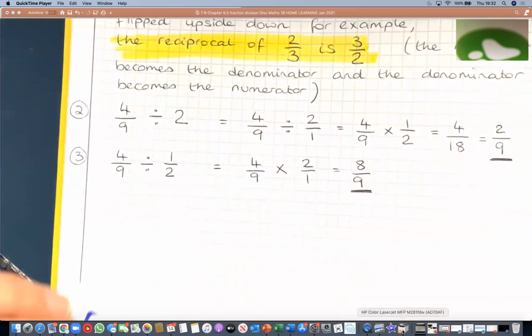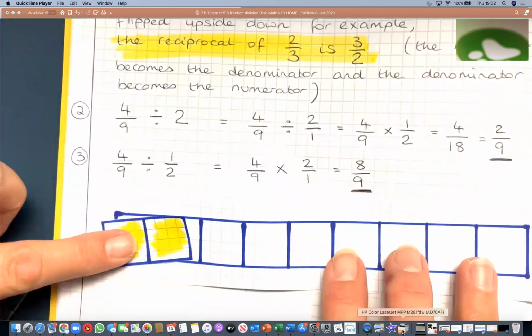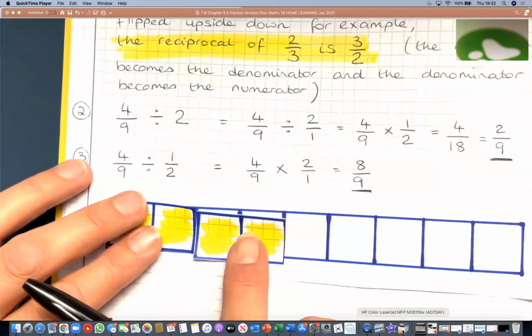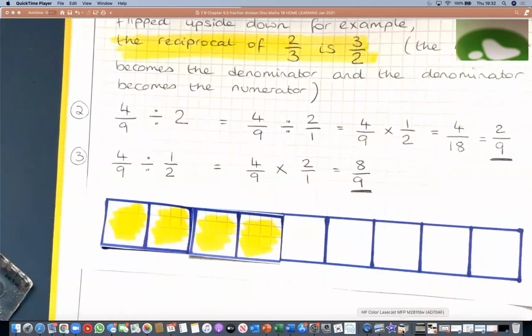I can show you visually, and then we're going to write some sentences so that this makes sense. So this time, I started with 4/9, but I divided by 1/2. Dividing by 1/2 is the same as multiplying by its reciprocal. So it's the same as multiplying by 2/1.